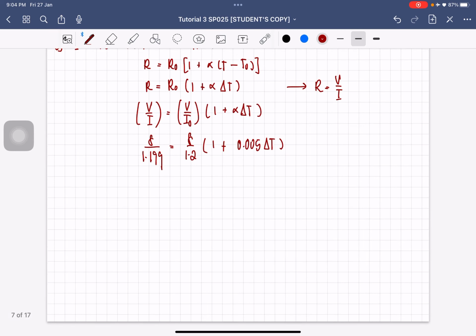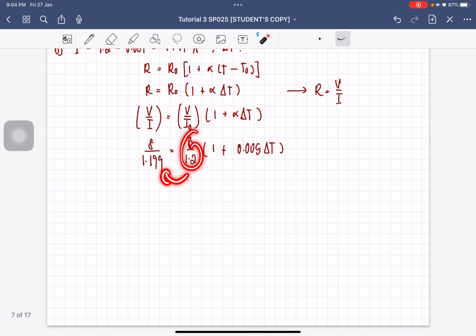Okay, so what I'm going to do is this one is going to be here. So you will get 6.672 divided by 6.667. But let me just double check if I'm correct. 6.672, yes. 8 divided by 1.2 is 6.667.